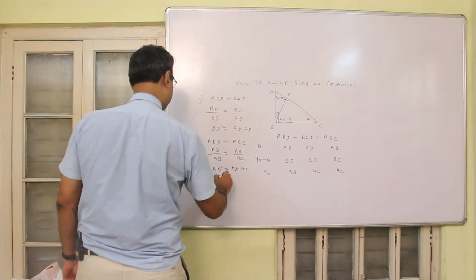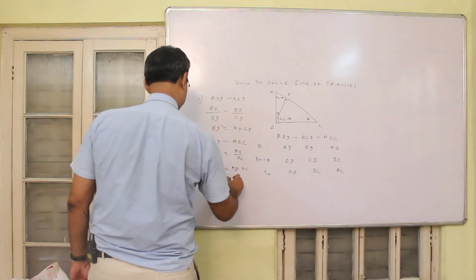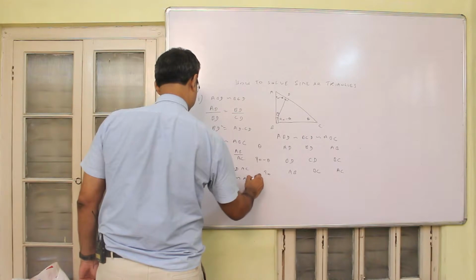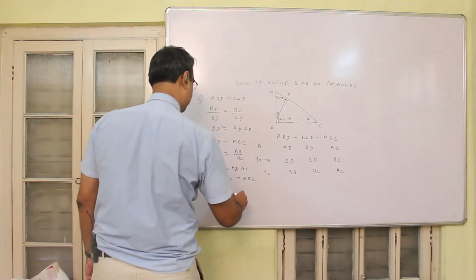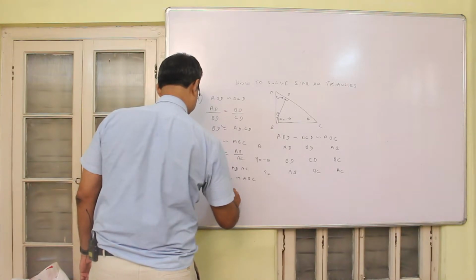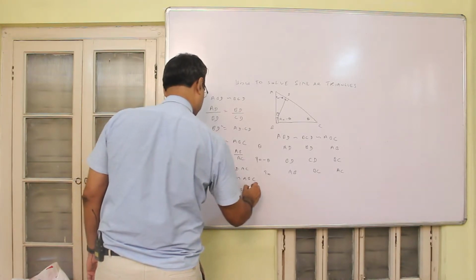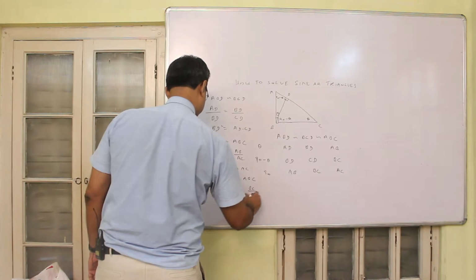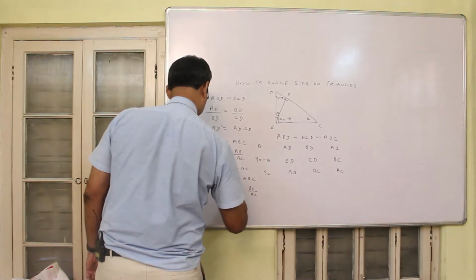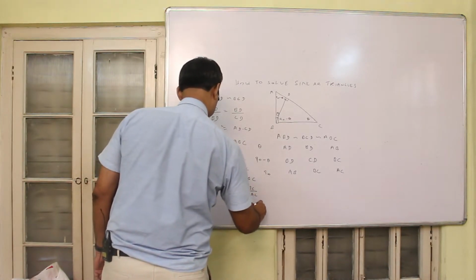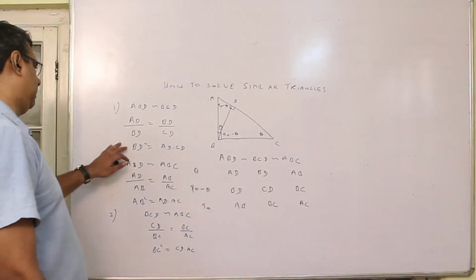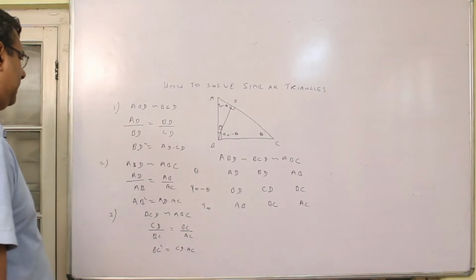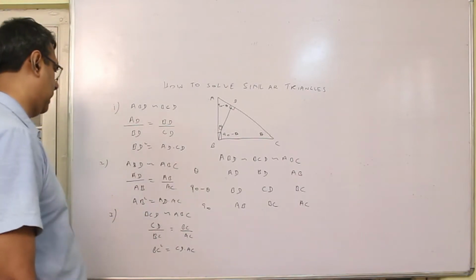And thirdly, if we take BCD and ABC similar, then we can say that CD by BC is equal to BC by AC. So BC square is CD into AC. These are the three important relations we get by taking the similarity two at a time.